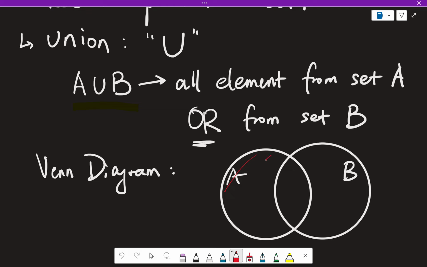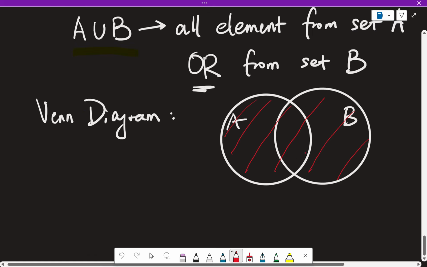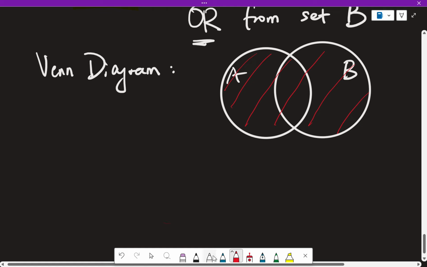It would be everything that is potentially included in these two sets. Anything would be included.